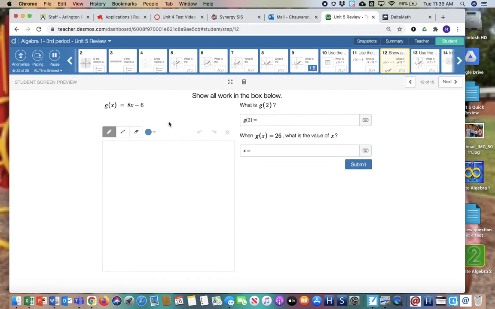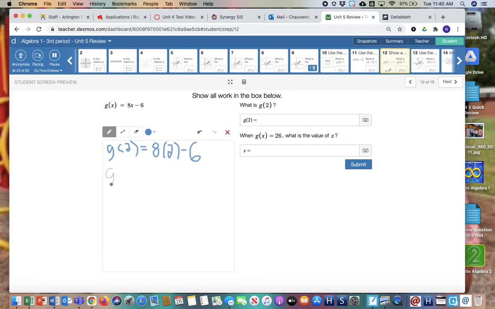All right, now let's do it where we actually have to work out an equation. So here it says, what's g of 2? So remember, we see this set up. This means when x is 2. Just put the 2 in wherever you see an x here. So here we go. I'll write it out for us. g of 2 equals 8 times 2 minus 6.